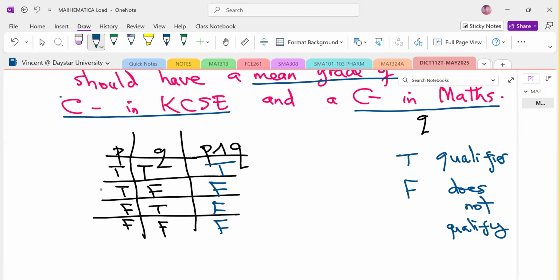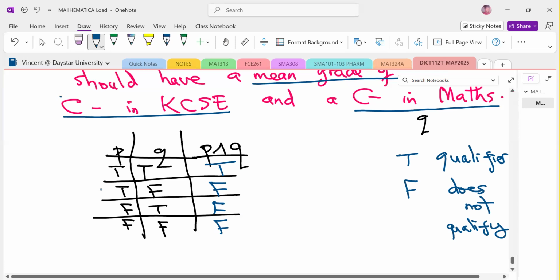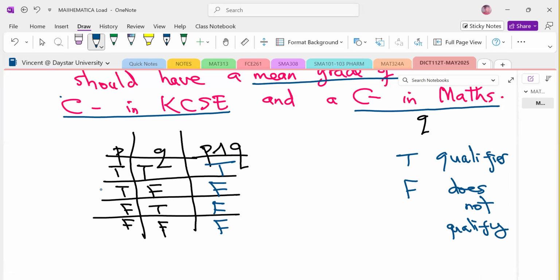What summary can you make to tell someone that whenever you are dealing with a conjunction, this will always be the outcome if the truth values of the atomic statements are this and this? What can you say about the final results and the initial truth values of the statements?